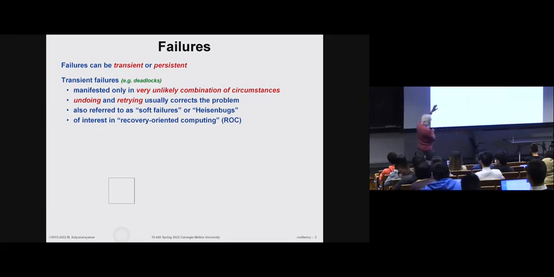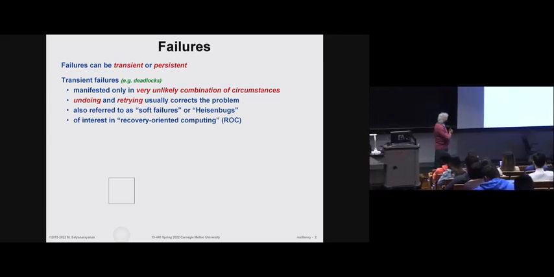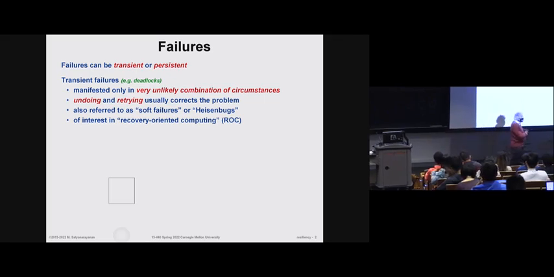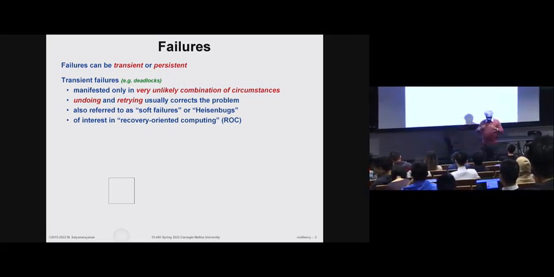So transient failures are ones in which undoing and retrying has a high chance of succeeding. So in the case of a deadlock, you can kill both processes, start them again, assuming they haven't done anything significant that needs to be undone, and then this time it might work.